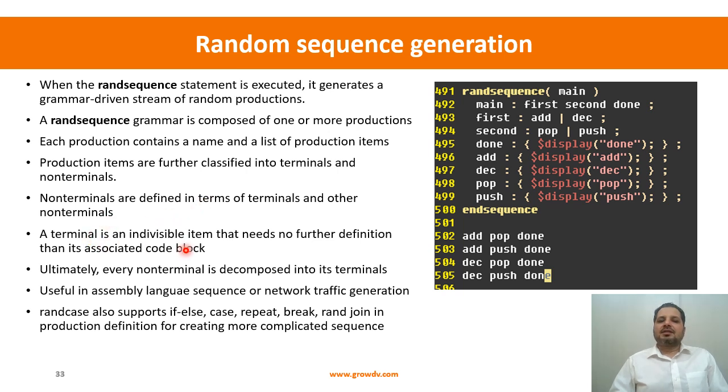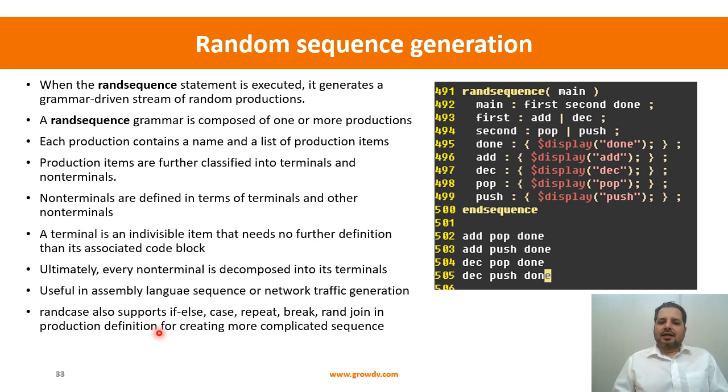A terminal is an indivisible item, so a terminal is when you execute something final. A non-terminal just defines, at one higher level, how a particular thing is composed. Ultimately every non-terminal should be decomposed to a terminal. Finally something executable has to be created, and that is the one that really gets executed.